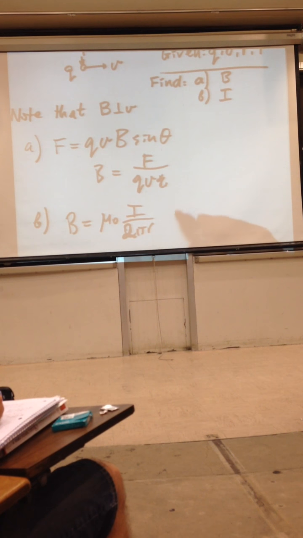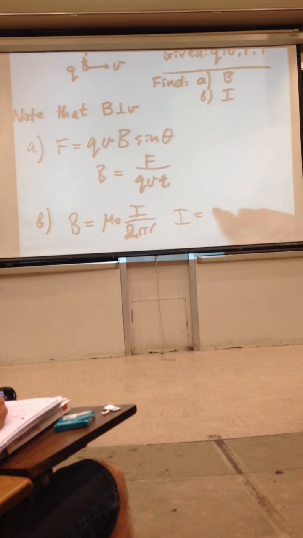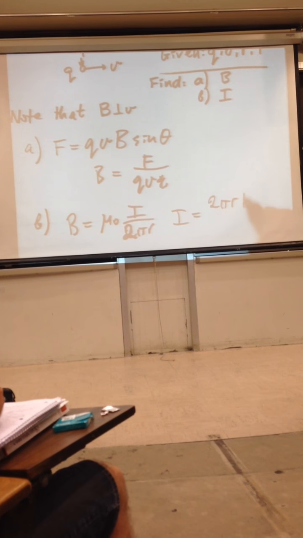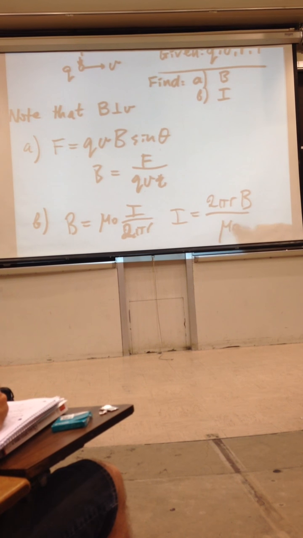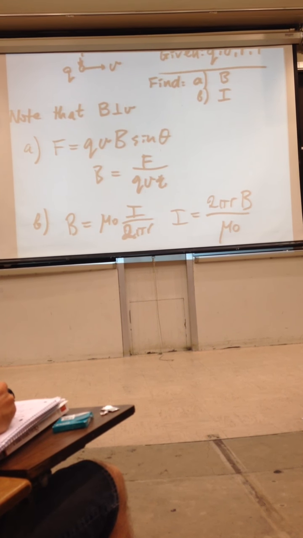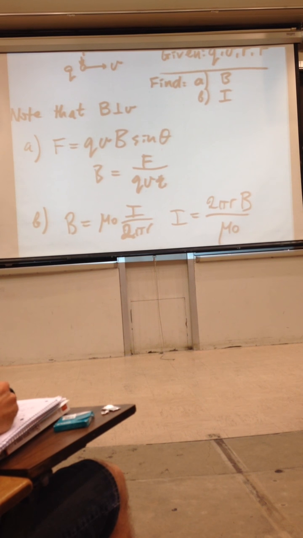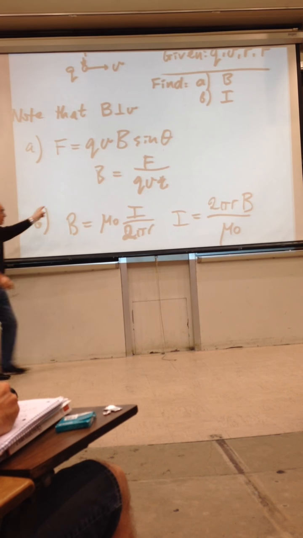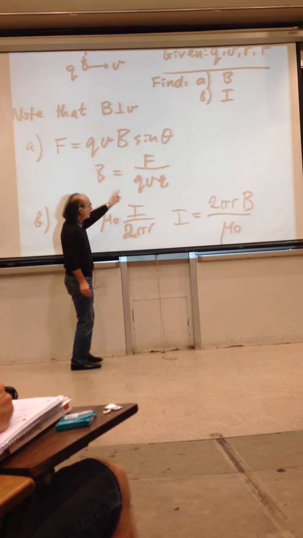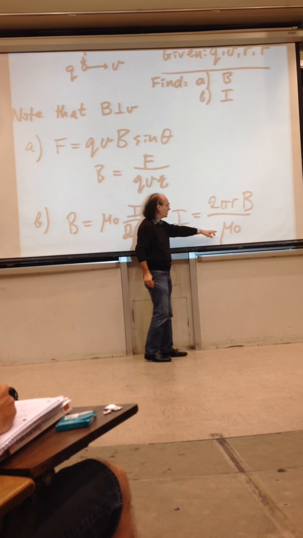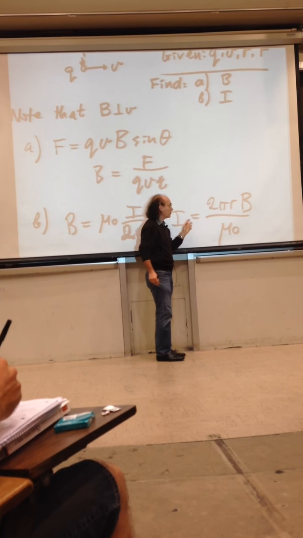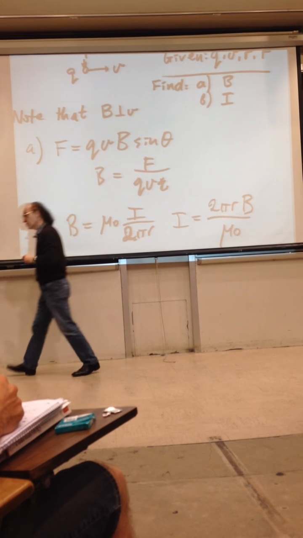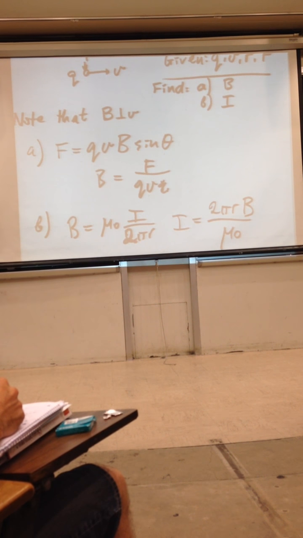From here find the current. Okay, let's see if you can do this. B, you just determined the magnetic field. The distance is given, and the magnetic permeability is given. So two steps for parts A and B.